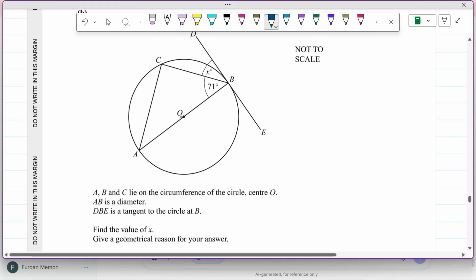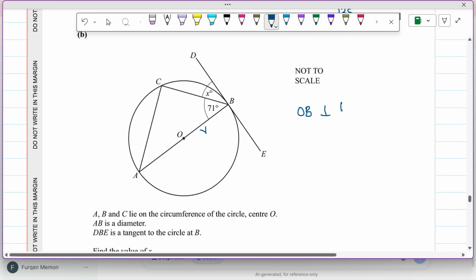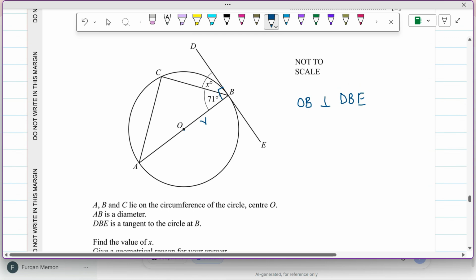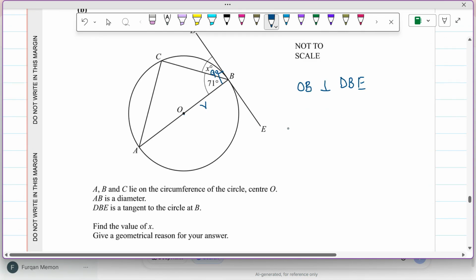OB is the radius, and a tangent at B will always be perpendicular to the radius OB. So this is perpendicular to the line DBE, because the tangent at B is perpendicular to the radius OB. So this angle is 90. We can say that x plus 71 is equal to 90.